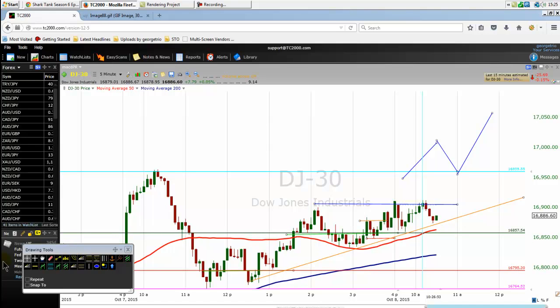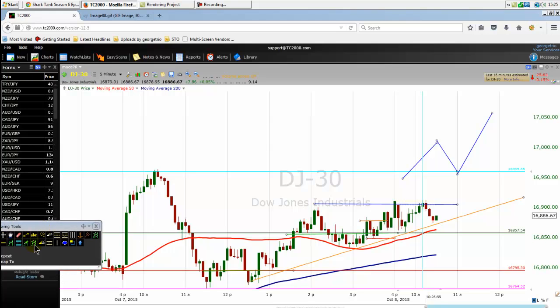Talking about the Elliott wave count, yesterday the price went all the way up to the high of yesterday. And then it canceled the whole bullish move.